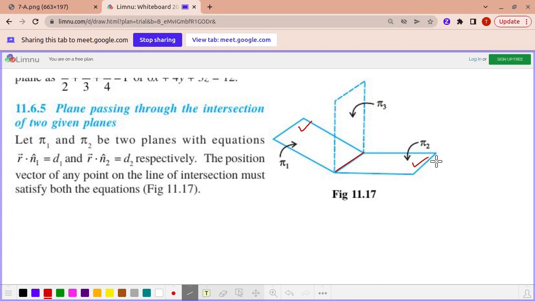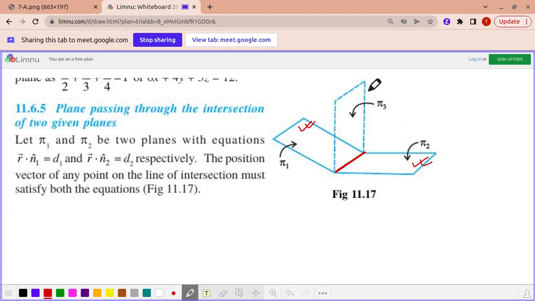Now we can have many planes passing through the intersection of these 2 planes. In the same analogy I gave, consider this intersection as the binding line of the book, and consider pi 1 and pi 2 as the 2 covers, front cover and back cover of the book.